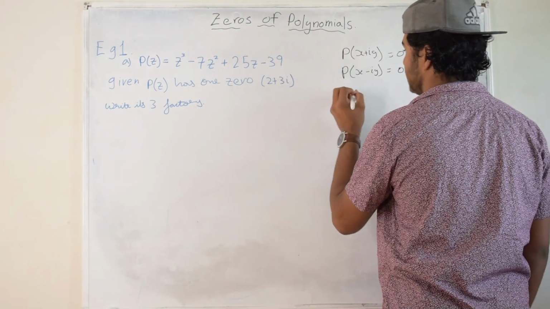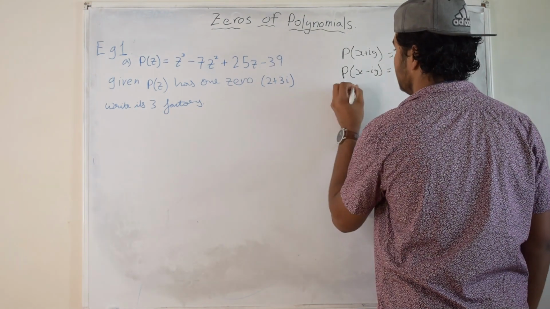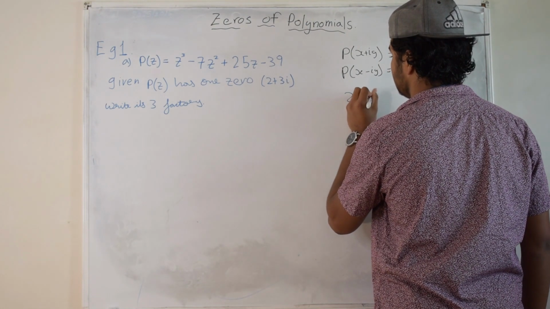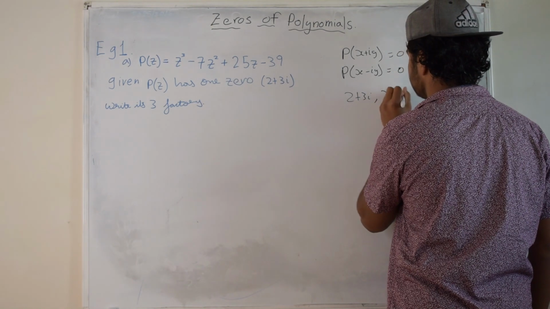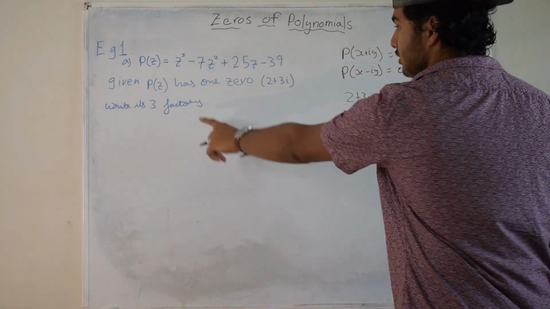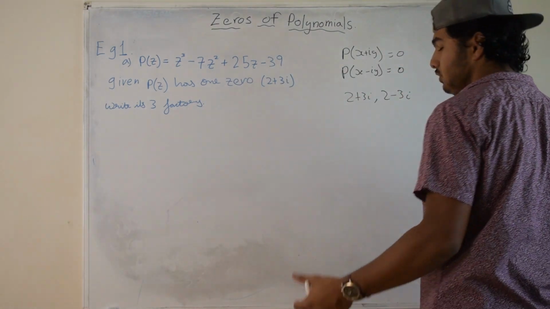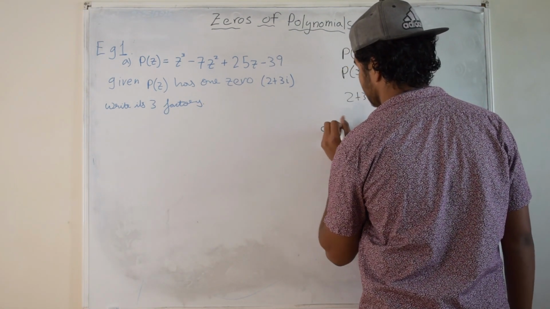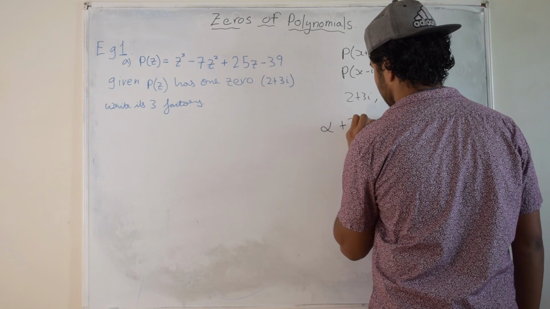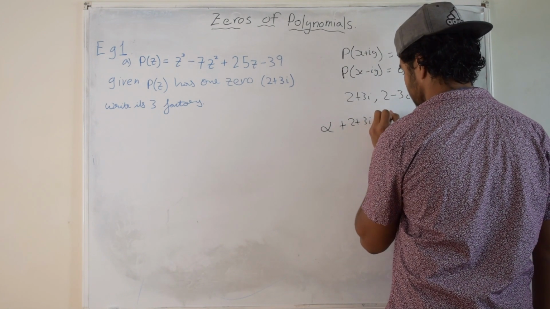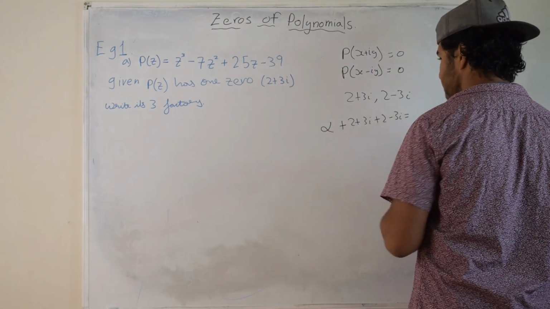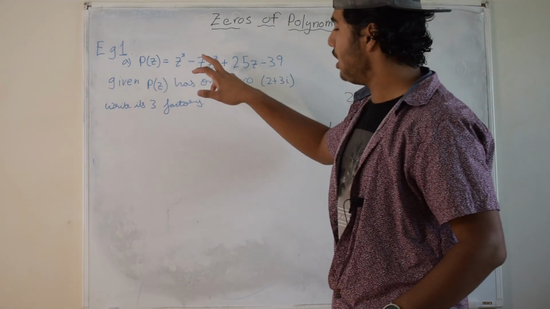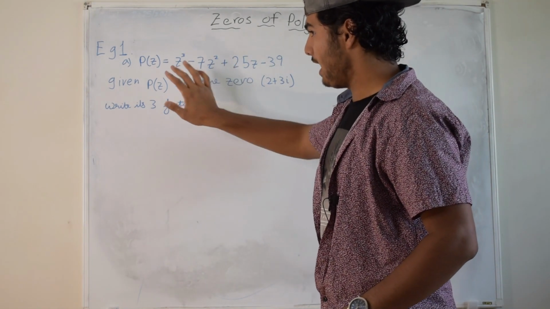We know that its conjugate is also going to be a zero. So 2 plus 3i is number 1. The second one is 2 minus 3i. Finding the third zero, we can use sum of roots. So alpha plus 2 plus 3i plus 2 minus 3i equals minus b upon a.